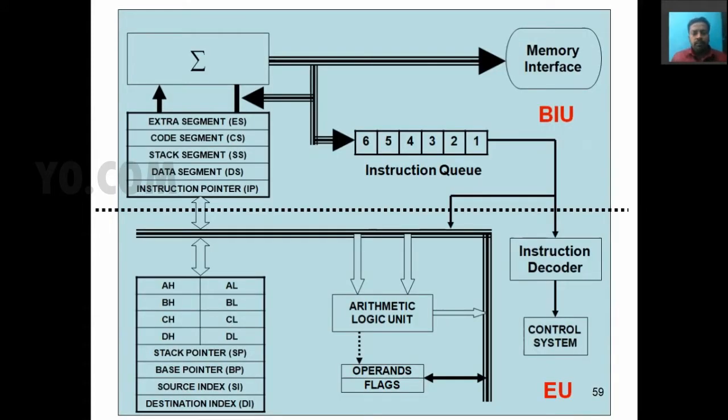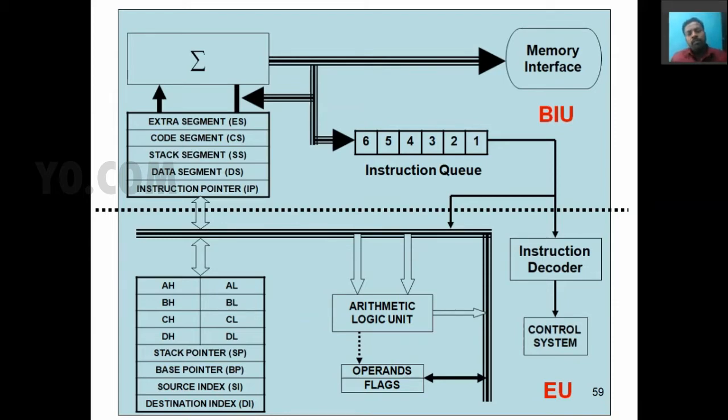So this is the architecture diagram. In this diagram we have so many blocks. The top half is the bus interface unit and the lower half is the execution unit. The execution unit has the registers, arithmetic logic unit, flags, and control system.